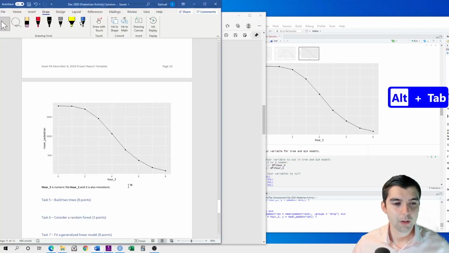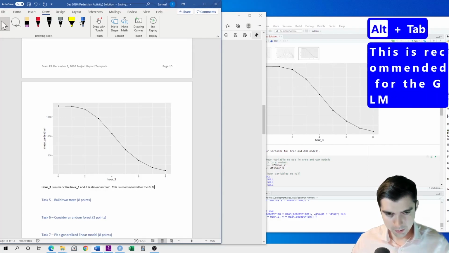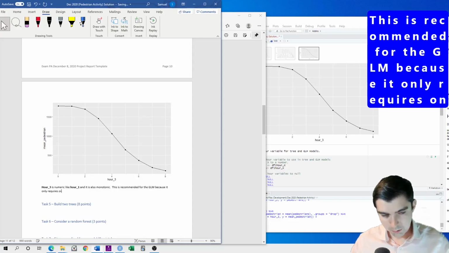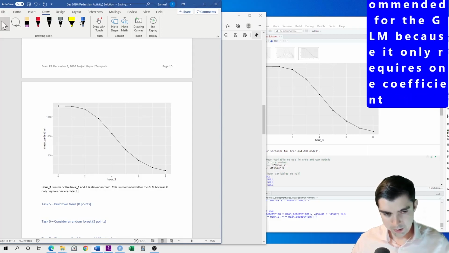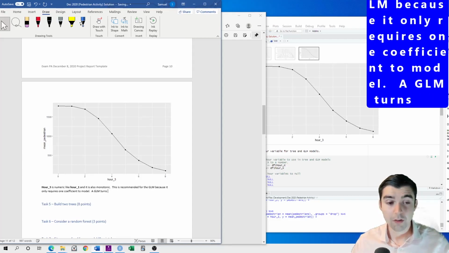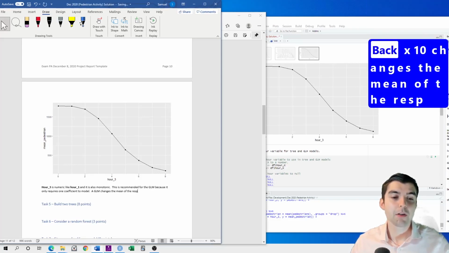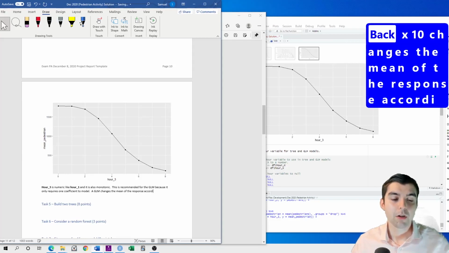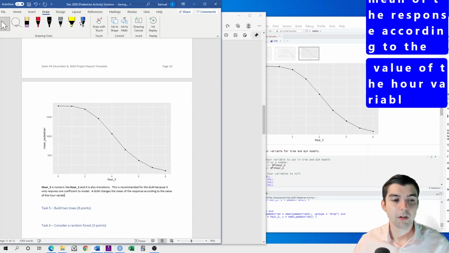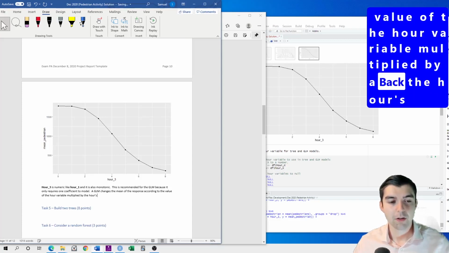And then, this is recommended for the GLM because it only requires one coefficient to model. A GLM changes the mean of the response according to the value of the hour variable multiplied by the hour's coefficient.